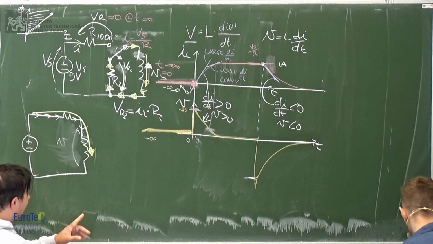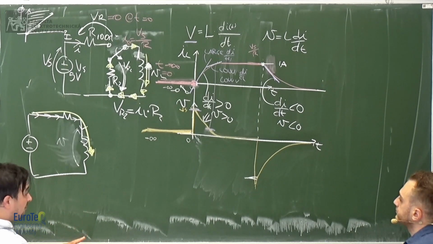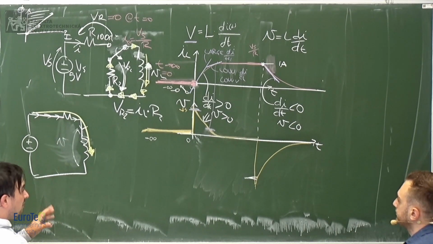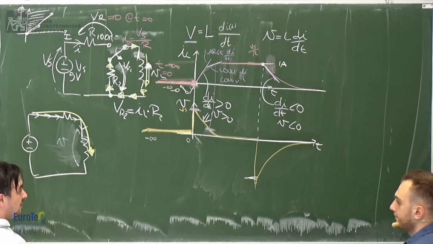One more thing. Now, what about tau? Again, we have some exponential, charging or discharging, where you have exponential of minus t over tau.